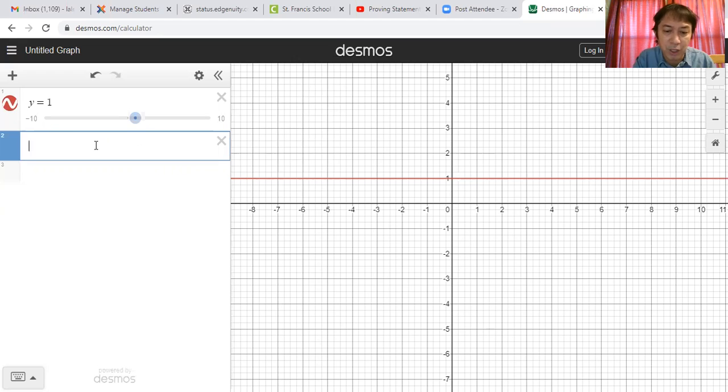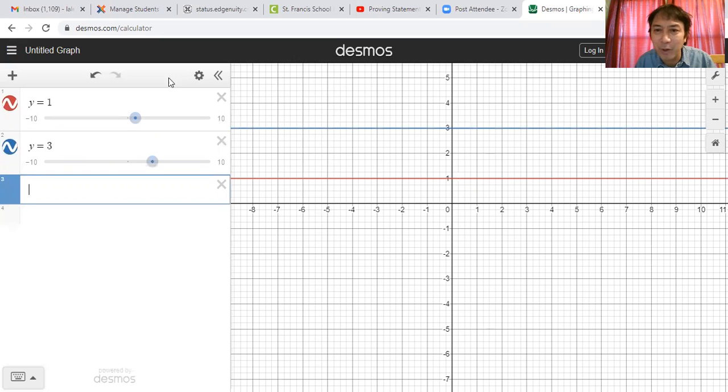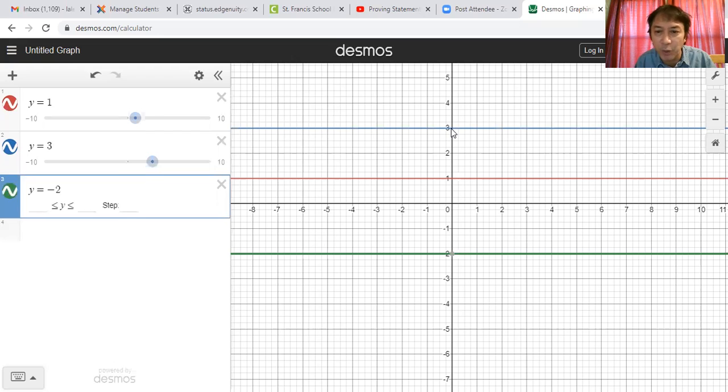Let's have another example. Say y equals 3. Here, the blue line passes through (0, 3). And if we have another, say y equal to -2, you can see the green line. It is horizontal. All the points there will have y values equal to that number.